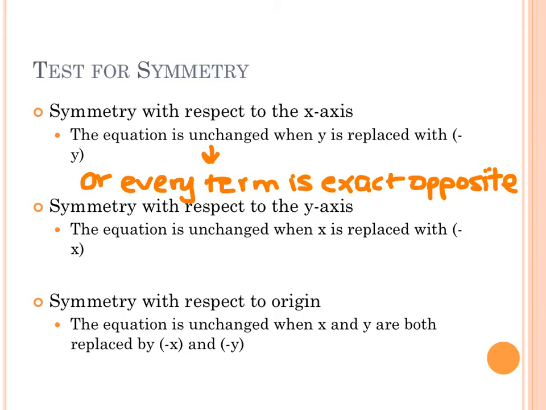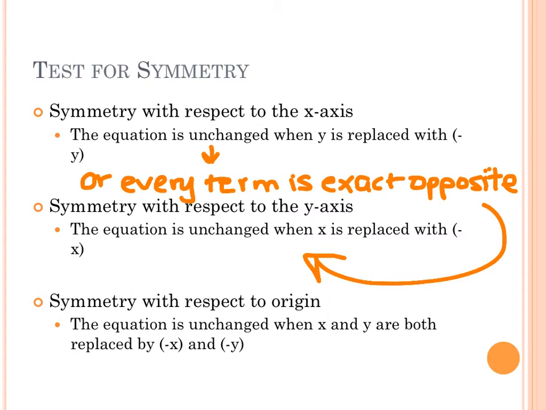For the y-axis, you'll take x and replace it with a negative x, simplify it, and if it goes unchanged or every term is the exact opposite, then I would say it's symmetric with respect to the y-axis. And from a graph, we're folding left to right like a hot dog. And if it's symmetric with respect to the origin, then you would change both the x and the y to be their negative.